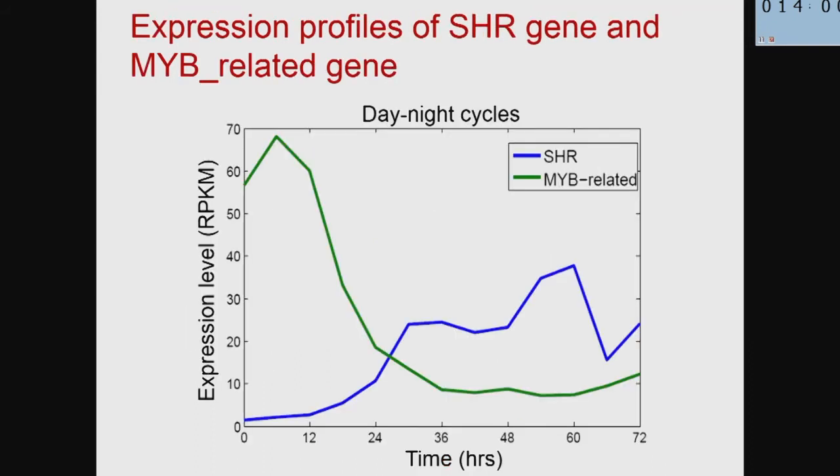We can look at the transcriptome to see how fast the transcription of this SHR gene increases. You can see at 30 hours, it is already upregulated very high. So if we want to look for the upstream regulator of Kranz anatomy, we have to look for transcription factor genes that are expressed earlier than that.